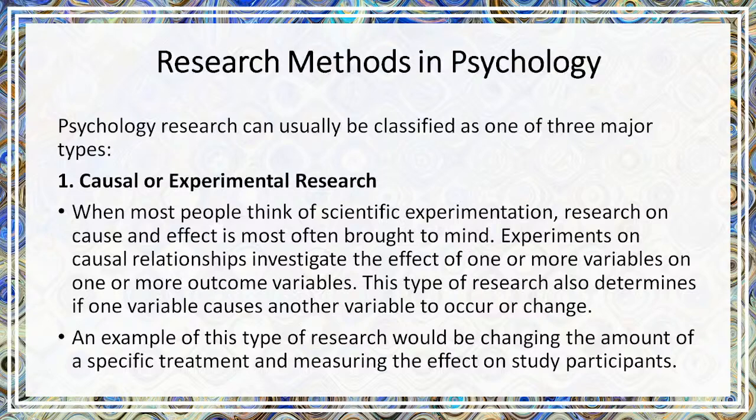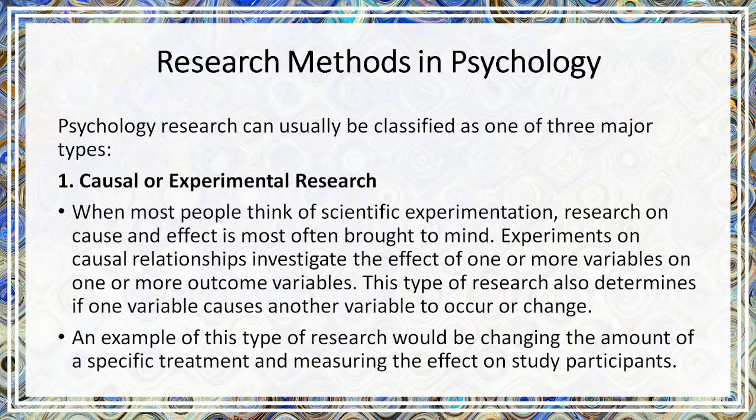Research methods in psychology. Psychology research can usually be classified as one of three major types. The first one is causal or experimental research, and later we'll speak about experiments more. When most people think of scientific experimentation, research on cause and effect is most often brought to mind.